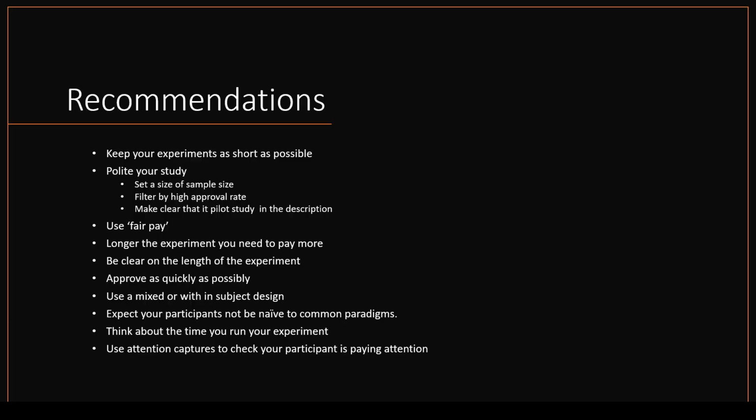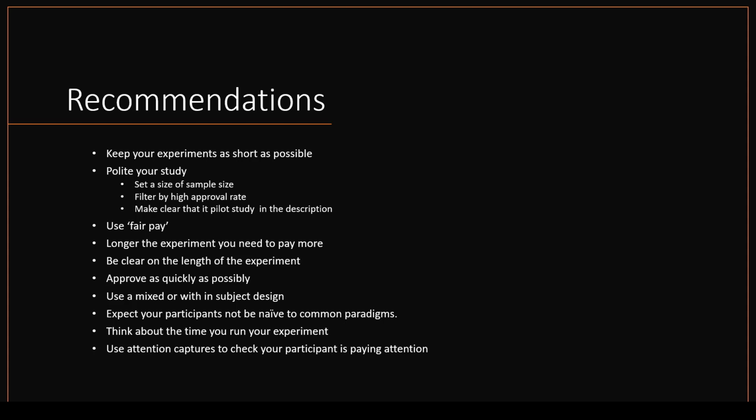Okay, so a couple of recommendations before I go, and also to show you how you can find out what participants think of your research. Keep your experiment as short as possible. Pilot your study. It's really important that you do that. So set a small sample size like 5 participants, filter by high approval rate, and make it clear that it's a pilot study in the description.